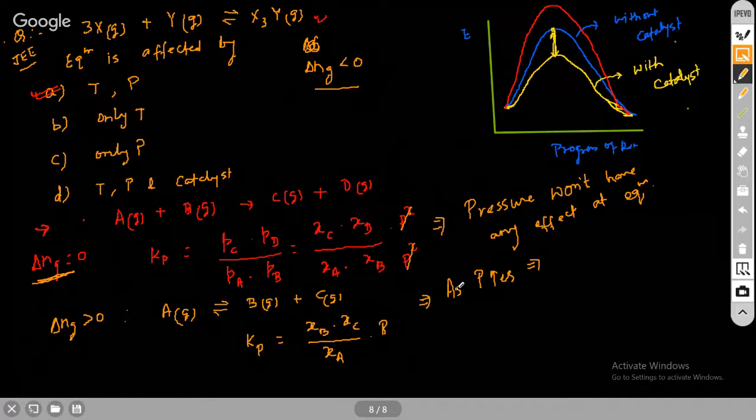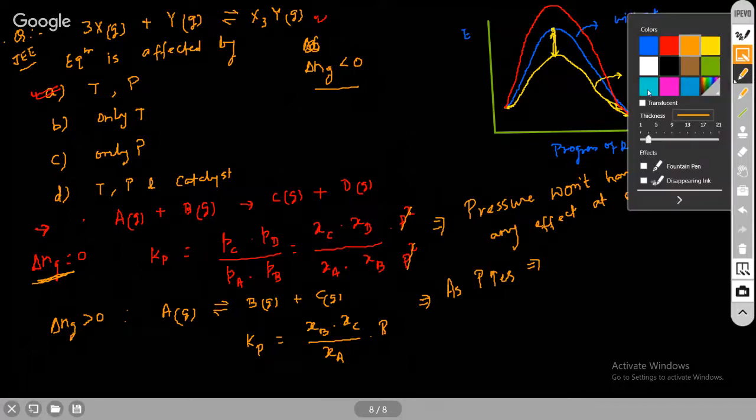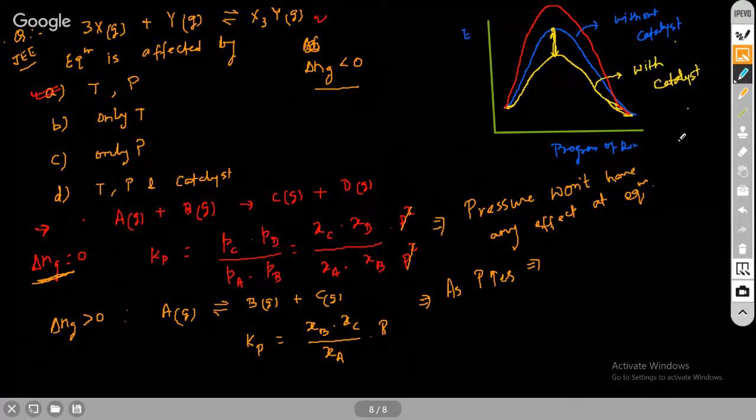Forward or backward? Backward, backward. Okay, backward, right? Why is it backward?